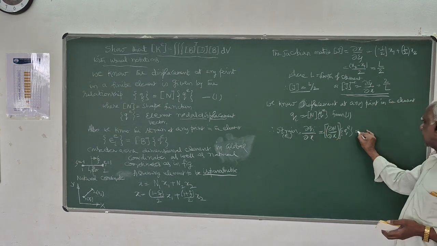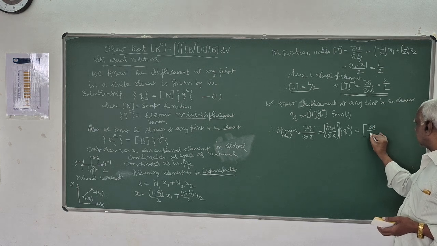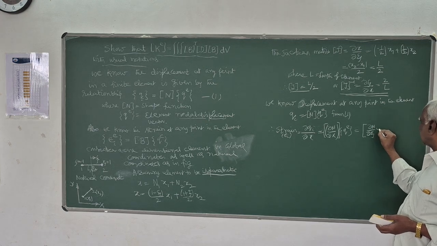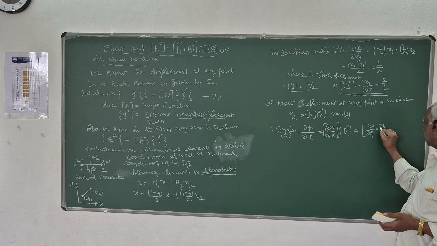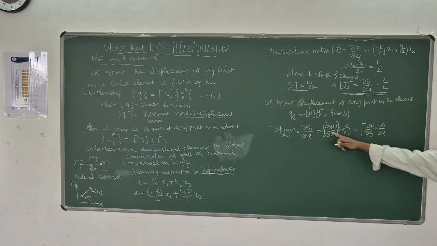This delta n by delta x, you can write it as delta n by delta xi into delta xi by delta x. Value is not altered.